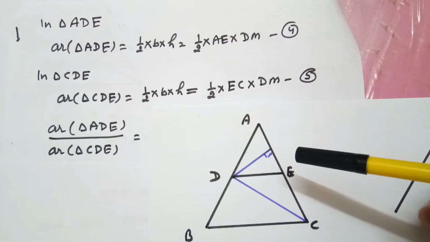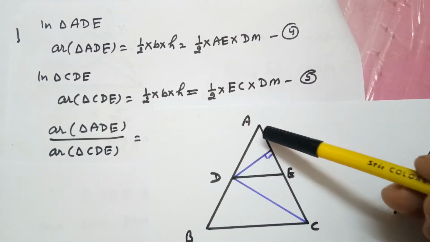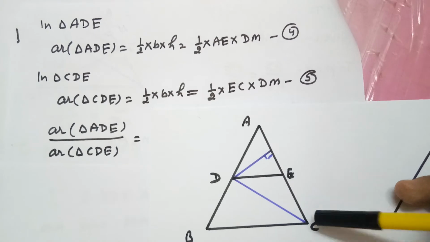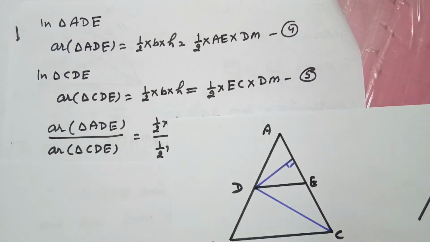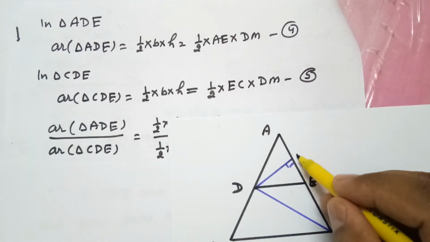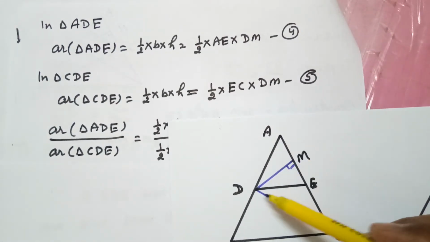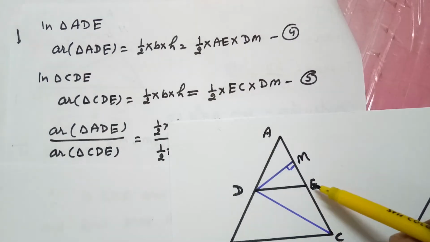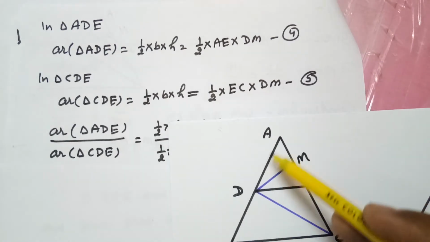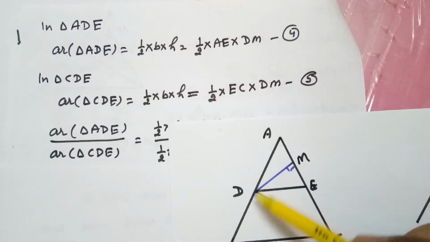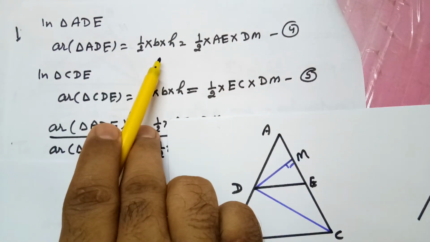Now we will take the second side. The second side is AC, where DM is perpendicular on AE, and we are now getting two triangles, ADE and CDE, where we will find the area of triangle ADE, which equals half into base into height.